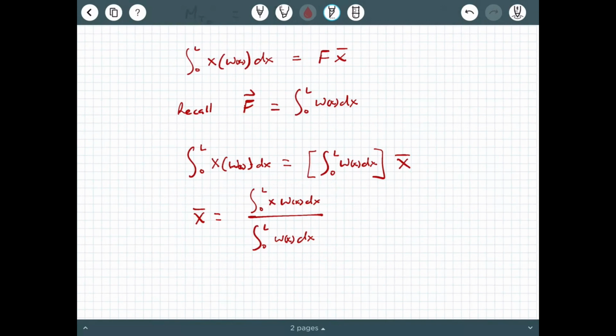We had an example where you were asked to find the distance away from the left support of a beam, and you had a bunch of point loads acting all over that beam, and you had to find some distance d away from the left support. That was several videos back, but it was from content in chapter 4. So that process is pretty much the same thing that we're doing here.